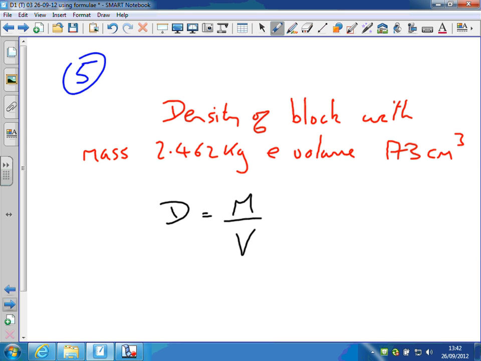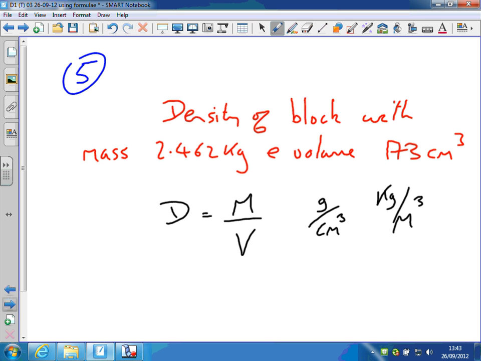We measure it in things like grams per centimetre cubed or kilograms per metre cubed. So let's look at this, okay? Density, mass over volume. There's a few things worth pointing out to do with this particular formula.